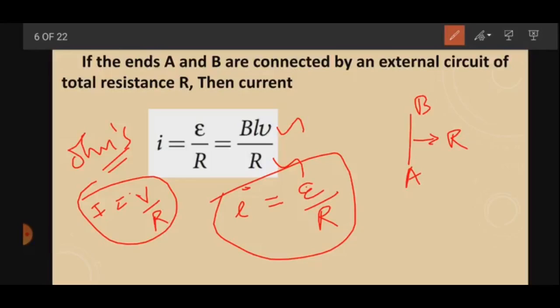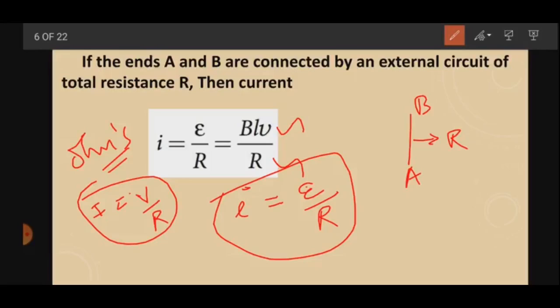So this current flows in the circuit, and the direction of the current is found from Fleming's right hand rule. Already you know that. Now tell me once again, Fleming's right hand rule. We take three fingers, the thumb, the forefinger and the middle finger, mutually perpendicular to each other.